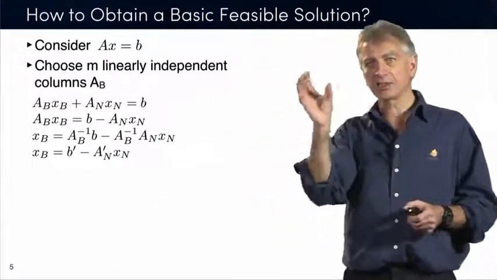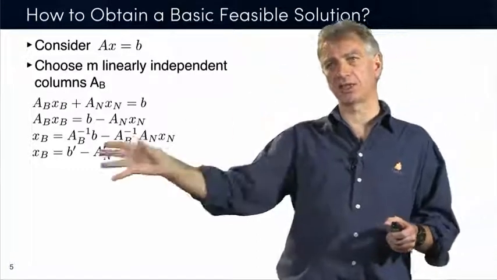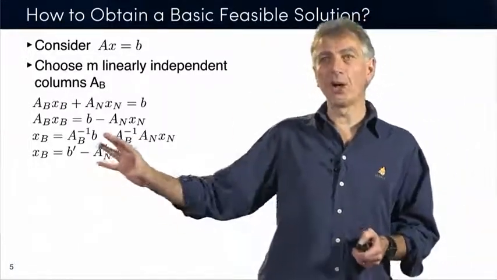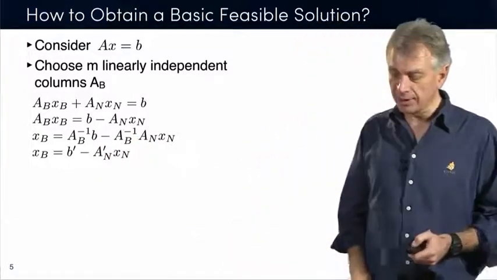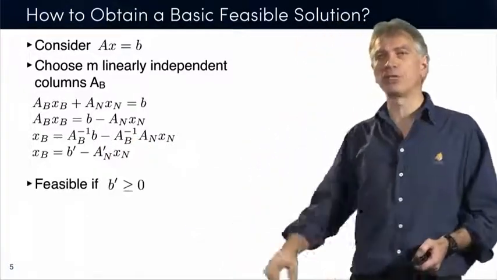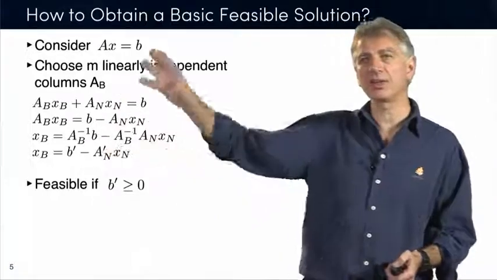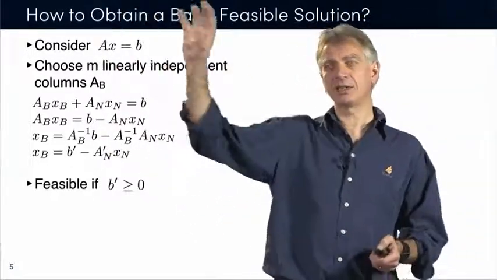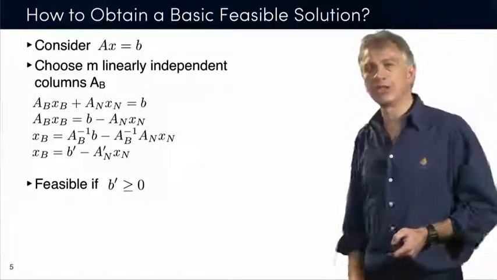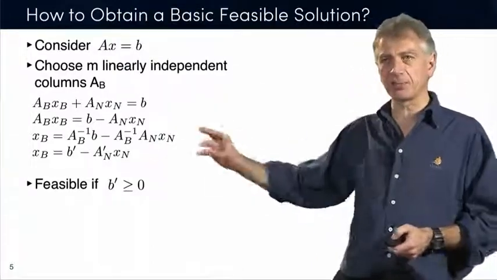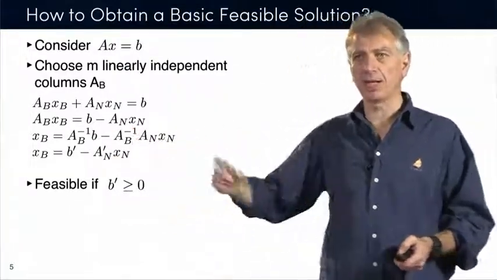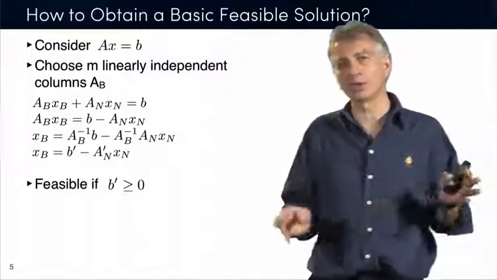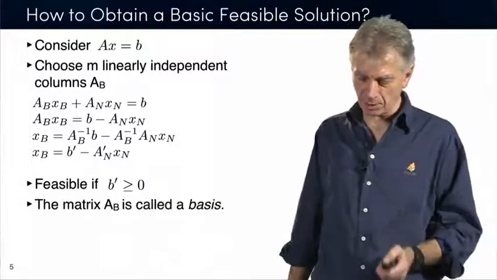So this is essentially a basic solution, and it's going to be feasible if all the b primes are greater than or equal to 0. So this is how I compute a basic feasible solution. I select m linearly independent columns, I re-express the basic variables in terms of the other ones, and I test feasibility. Same thing as we have seen in the previous lecture, but just in matrix notation.